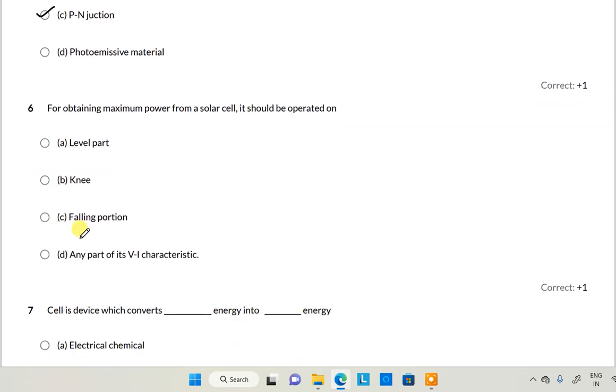Then next, sixth question: for obtaining maximum power from a solar cell, it should be operated on the knee point. In the characteristics of a solar cell, the knee point is nothing but the maximum point. After that the fall will be taking place.